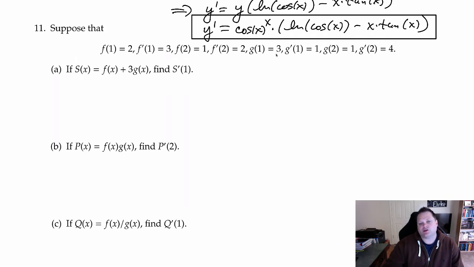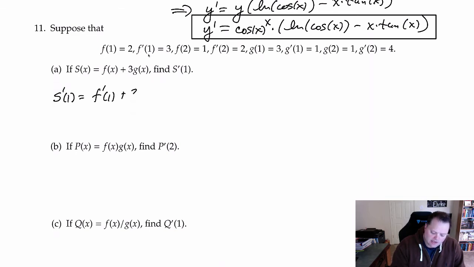We had problems very similar to this in class, even before the break, where I had a table of values and then you had to calculate the derivative at different values. So I'll do this using the Newton notation here. So s prime at 1 would be f prime at 1 plus 3g prime at 1.